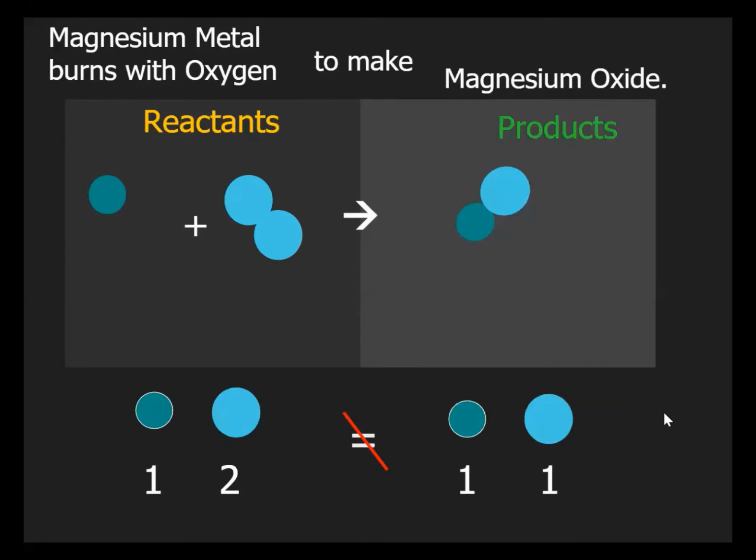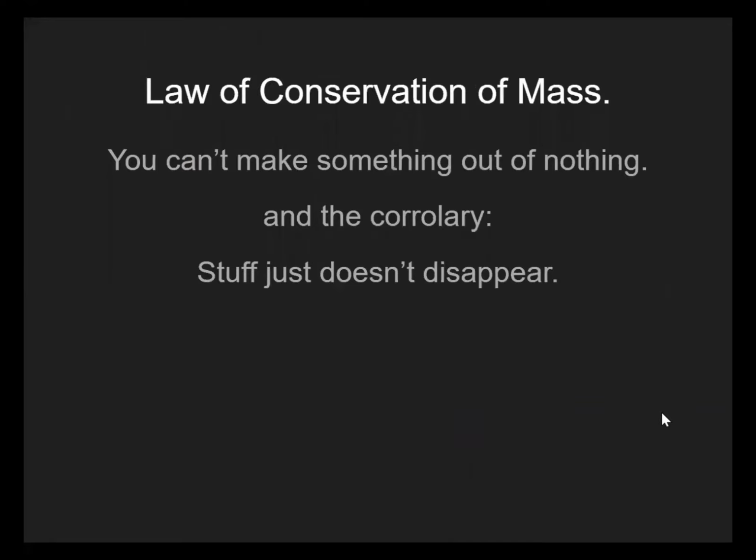We are breaking the law of conservation of mass. The law of conservation of mass, if I paraphrase, is you can't make something out of nothing. And the corollary of that is stuff just doesn't disappear. You can go look up the actual words of the law of conservation of mass, but that's really what it is. You can't make something out of nothing, and stuff just doesn't disappear.